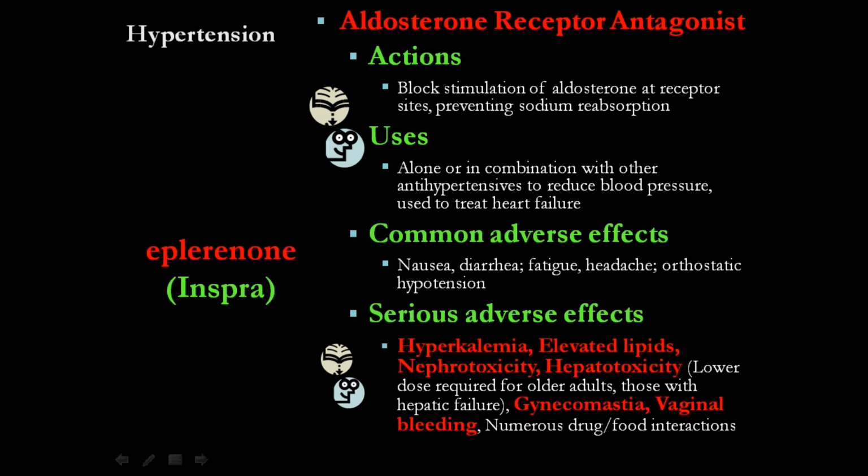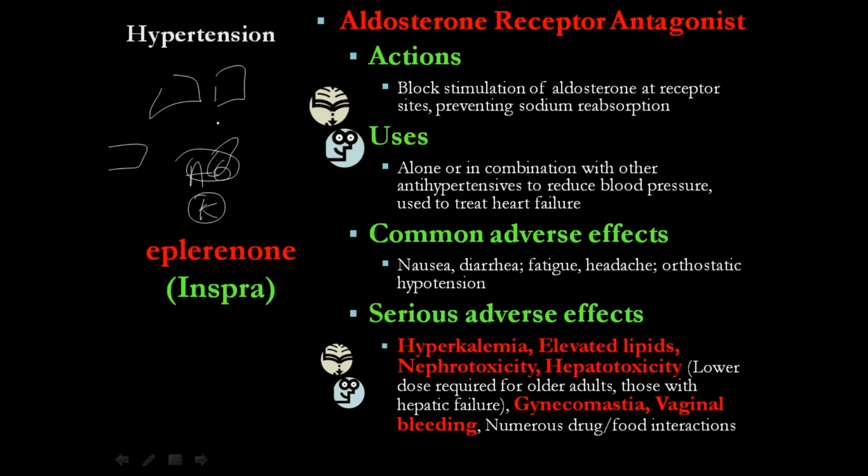We have the aldosterone receptor antagonist that we are going to just mention, eplerenone. Remember, in the previous ones, we have again the kidney, adrenal gland, liver, and lungs.